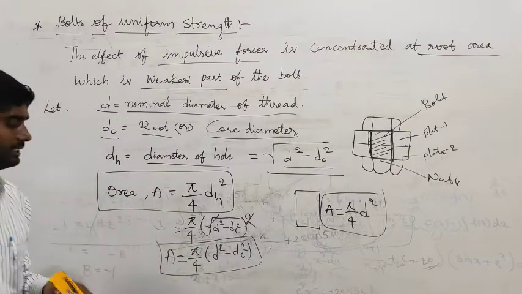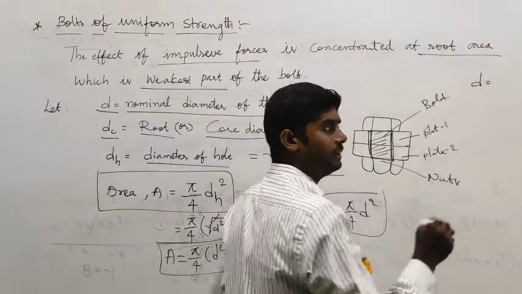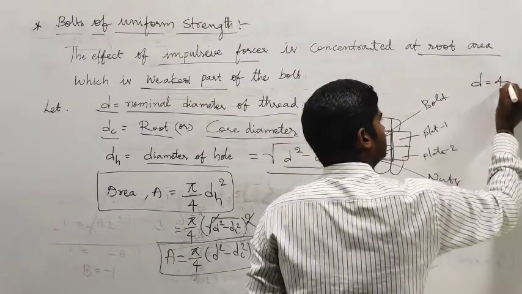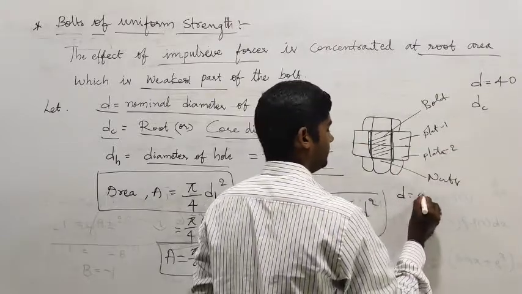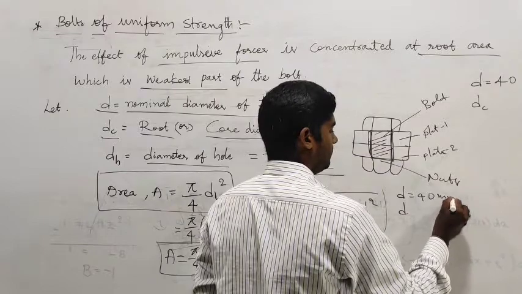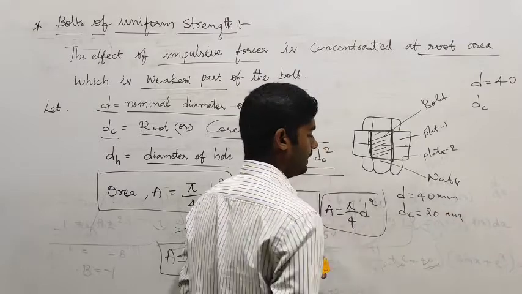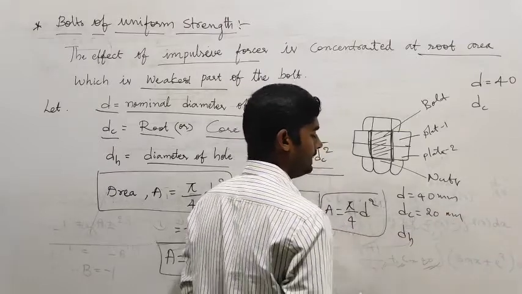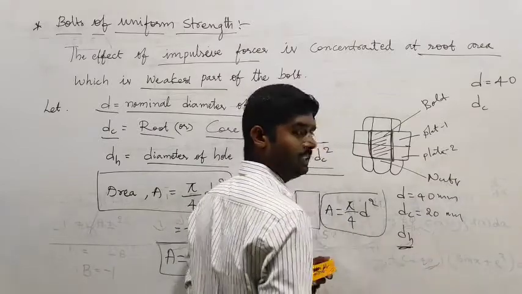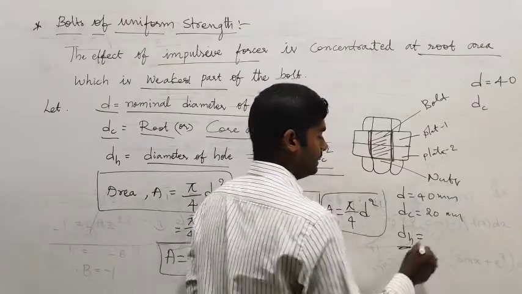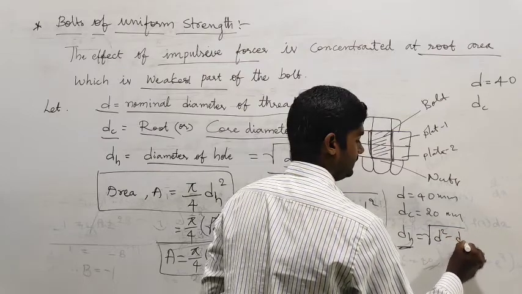Okay, let's see, for example, D is equal to 40 mm and DC is equal to 20 mm. Let's find out the area of the hole. For the area of the hole we want DH square. First find DH is equal to under root D square minus DC square.